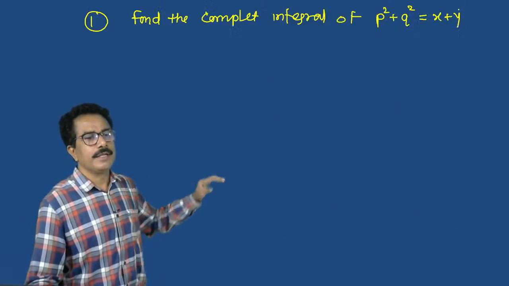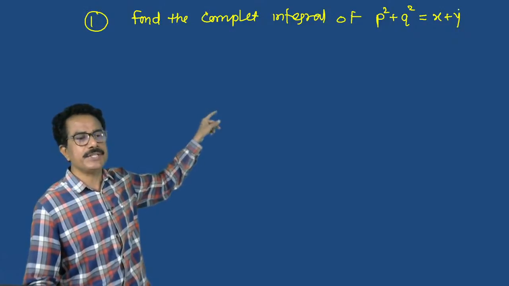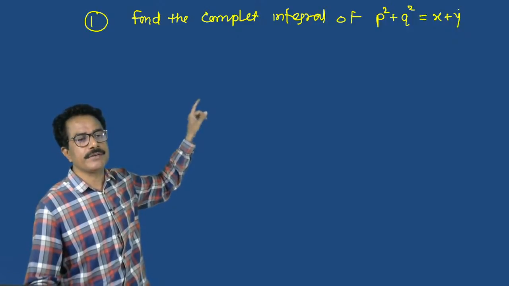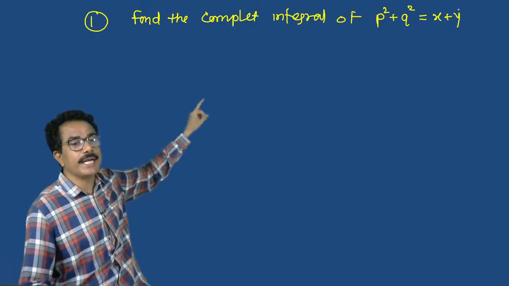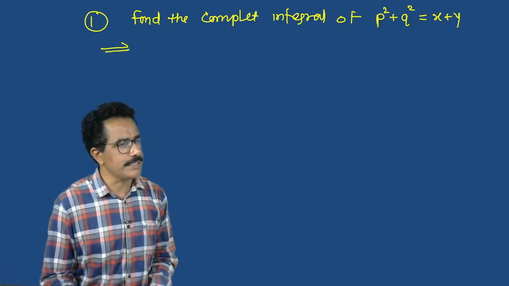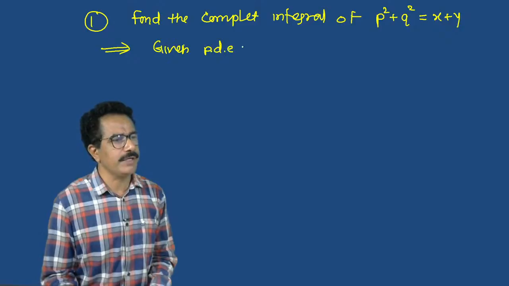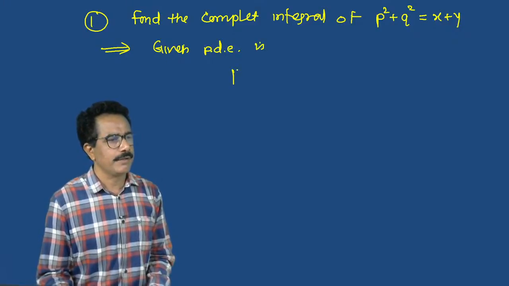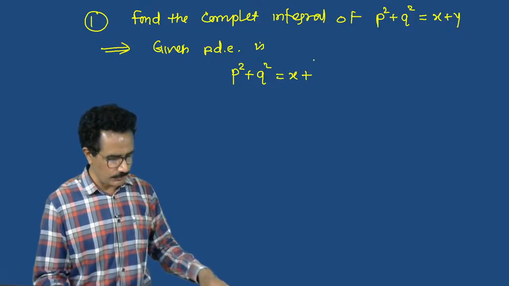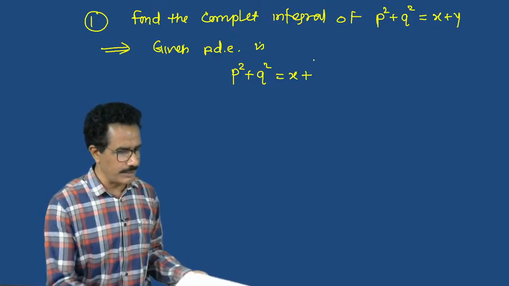See this. This is the particular type of partial differential equation which is non-homogeneous, but we can write this in the variable separation form. So how we can solve this? The given PDE, actually non-linear PDE, is p square plus q square is equals to x plus y. See here student, p square plus q square equals to x plus y.